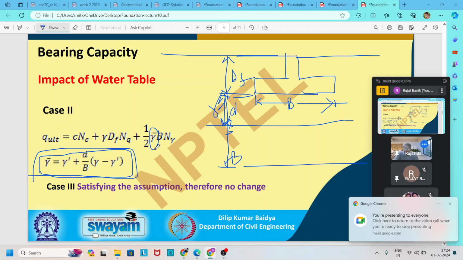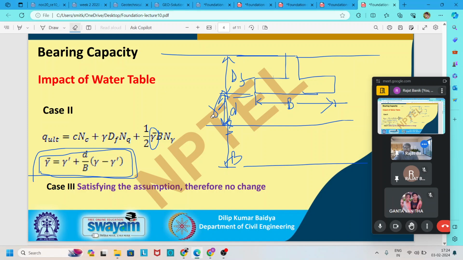I am telling that if the water table is present at a depth d below the foundation level, and d is less than the width of the foundation, then our modified gamma bar will be gamma dash plus d by B into (gamma minus gamma dash).